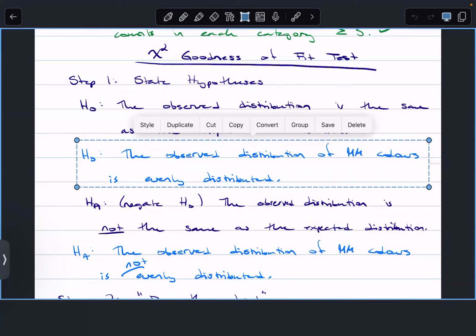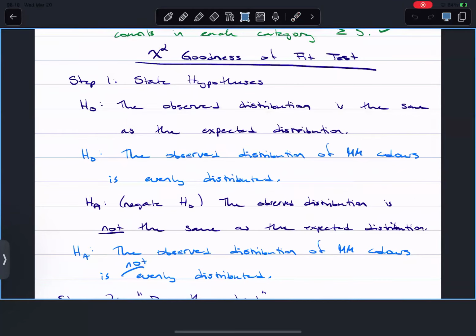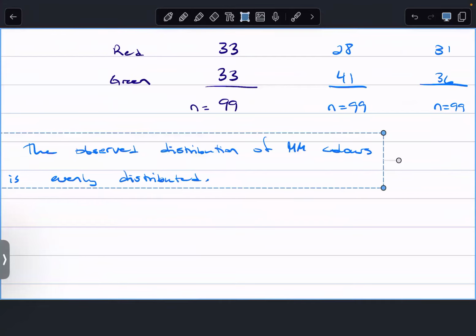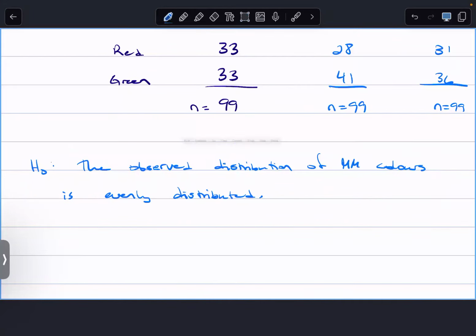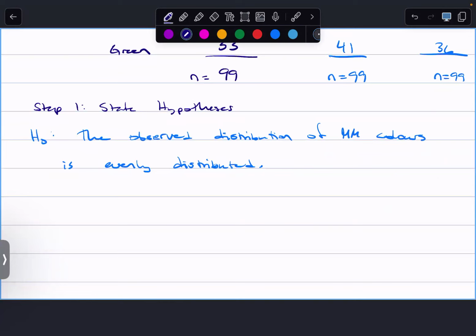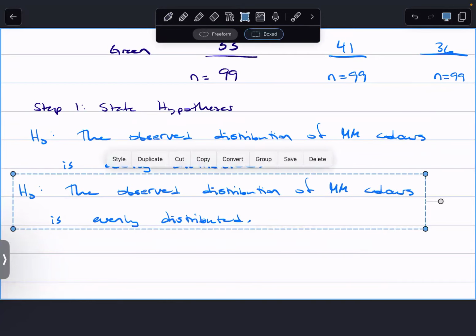So I'm just going to snag the question specific hypotheses. So step 1 is still to state the hypotheses. And I'm just going to negate this, right?